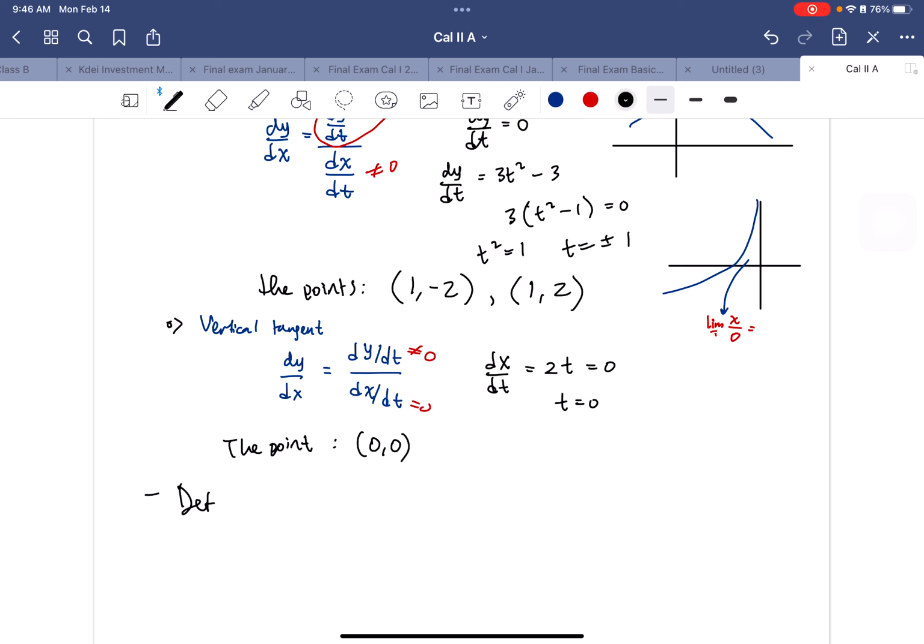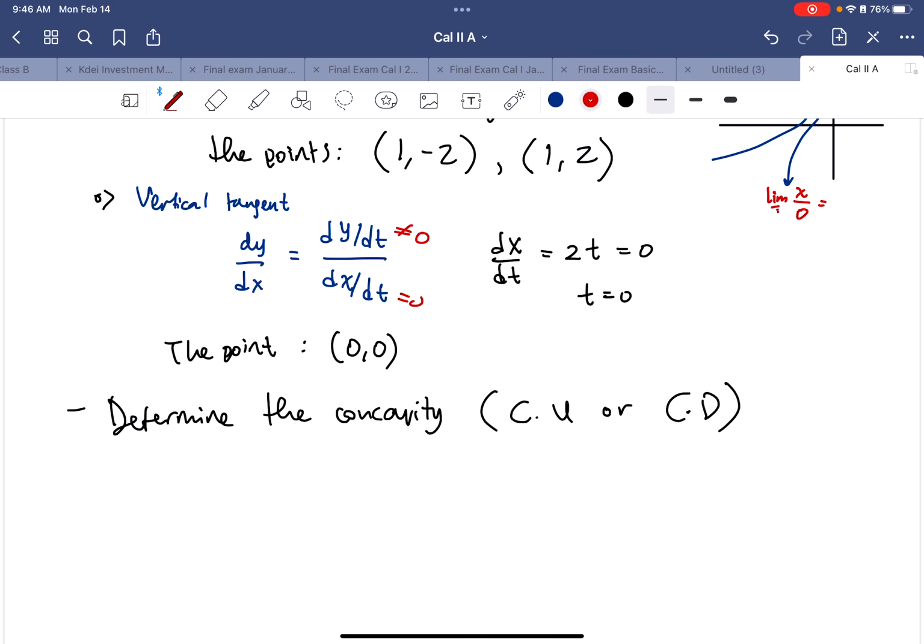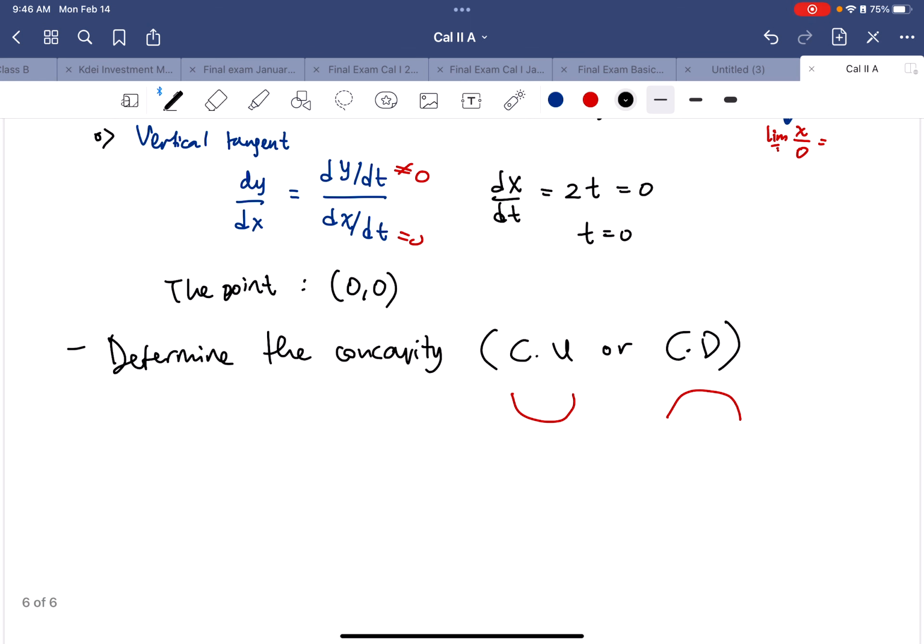So determine the concavity. It's concave upwards or concave downwards. Okay. This or this. So concavity, we need to have the second derivative.